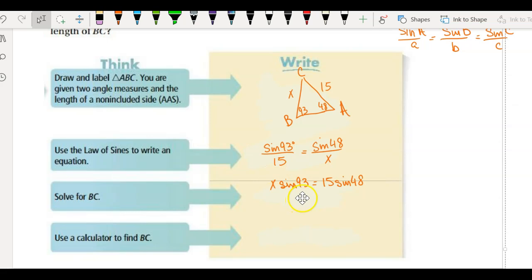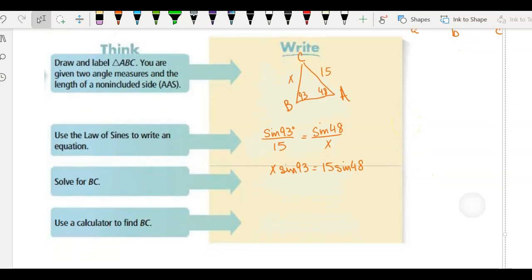I do this to keep me square. That way I don't have to worry as much about how I enter it in my calculator, and I won't think that x is part of what I'm taking the sine of. So I always put those numbers in front. It helps me, and I believe it'll help you as well.